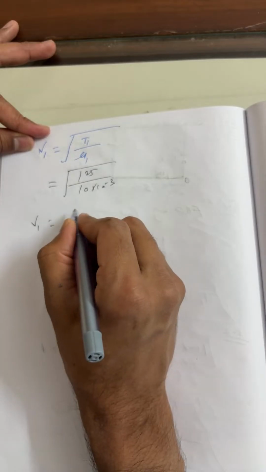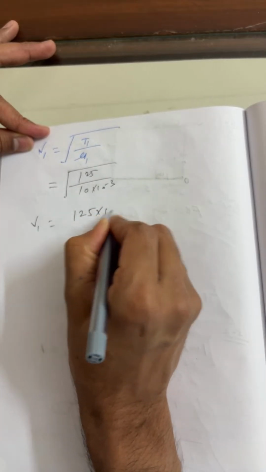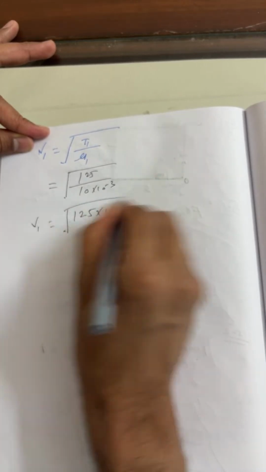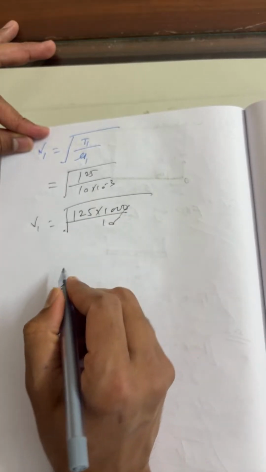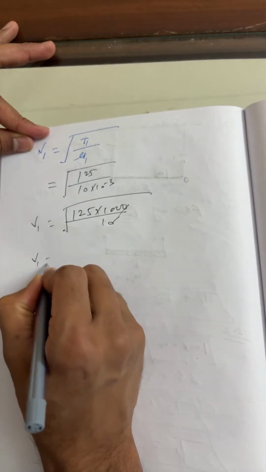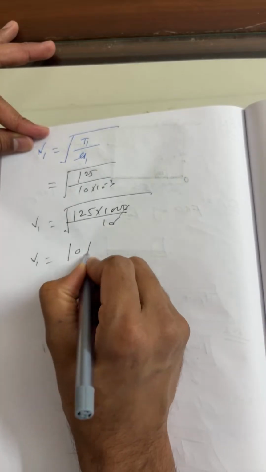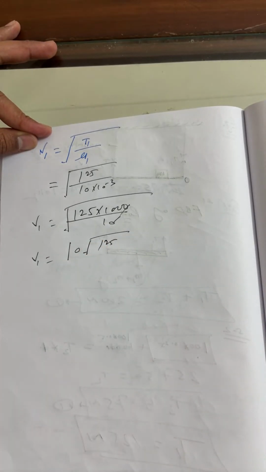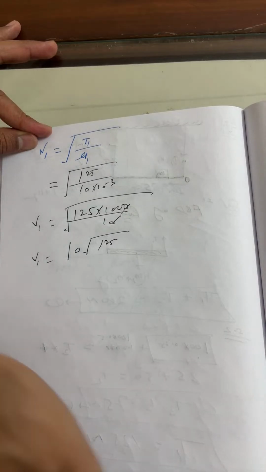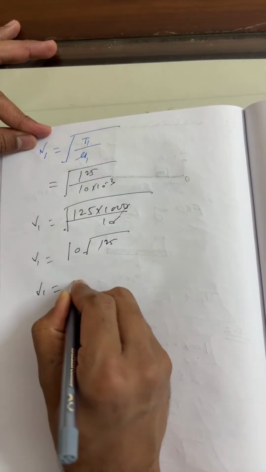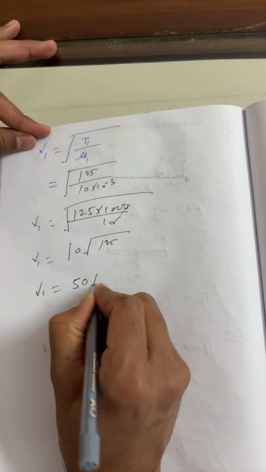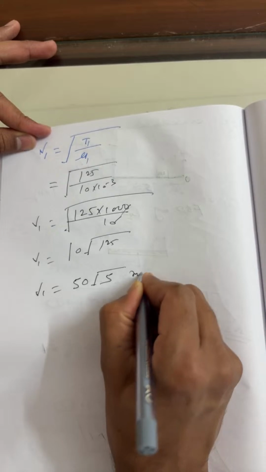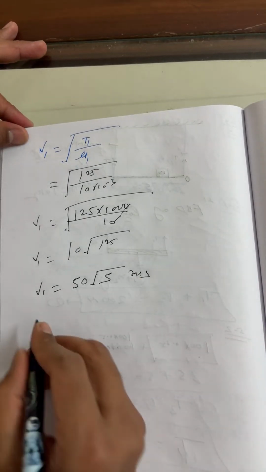So V1 you can say 125 into 1000, cancel here. So V1 will get root of 12500. Further we can solve this: 5 times 5, you can take it out here. So V1 is 50 root 5 meter per second.